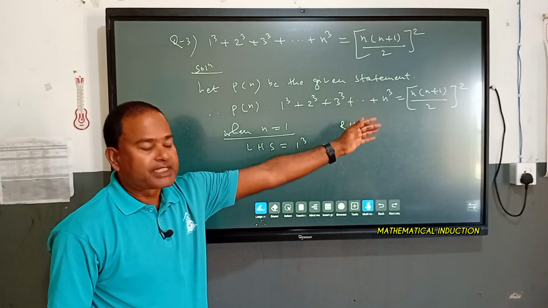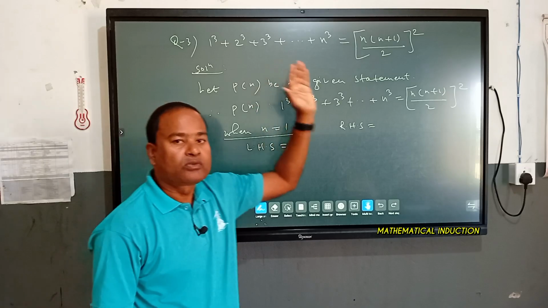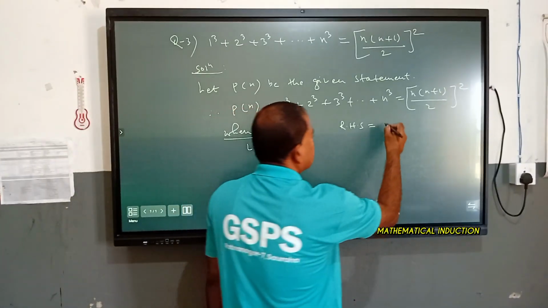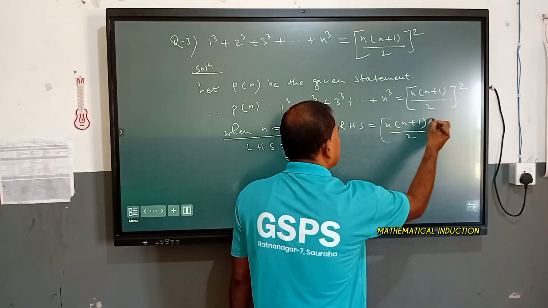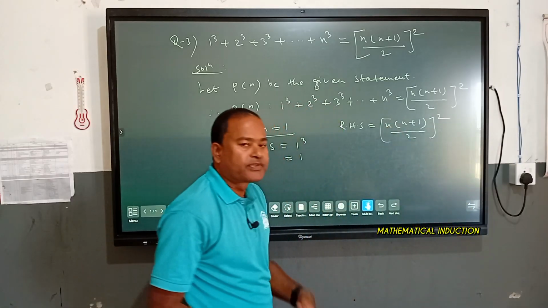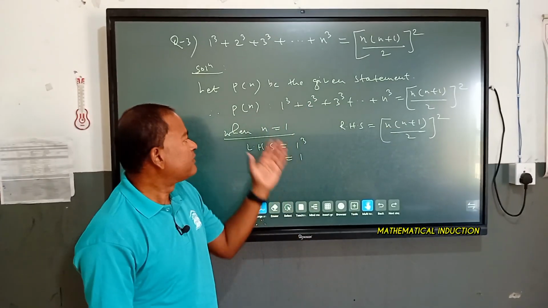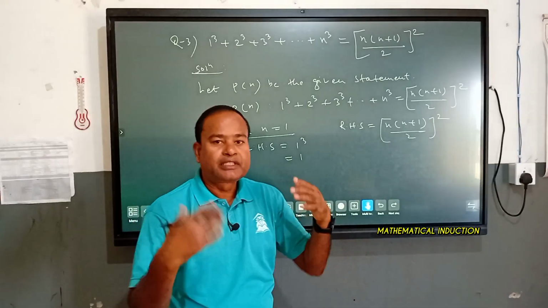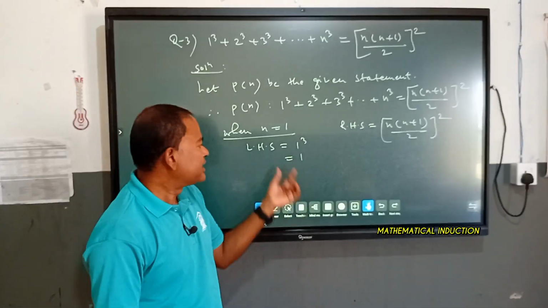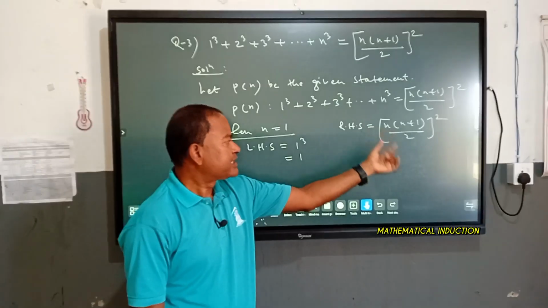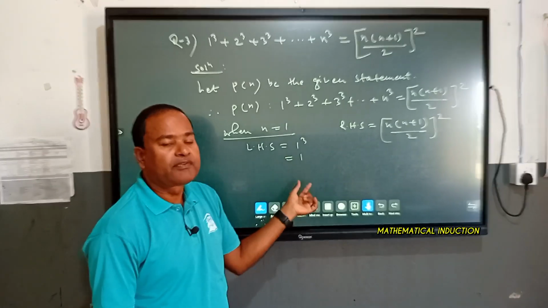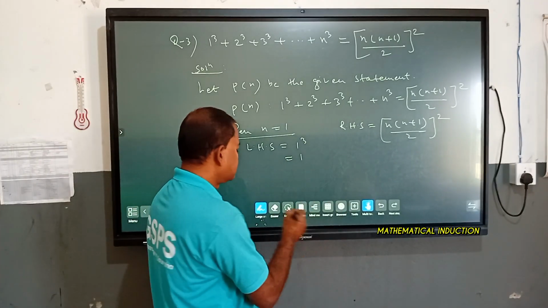Now we take RHS and put the value of n equals 1. After putting the value of n equals 1 in the right hand side, we should get LHS and RHS equal. That means from RHS also we must get the value equal to 1.